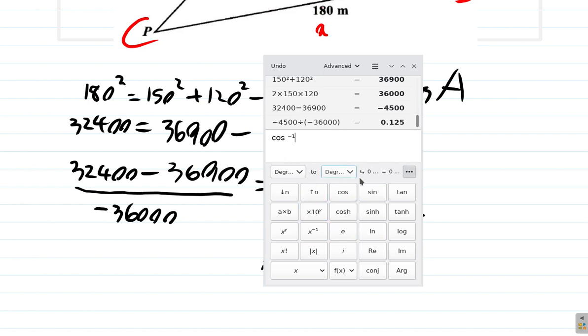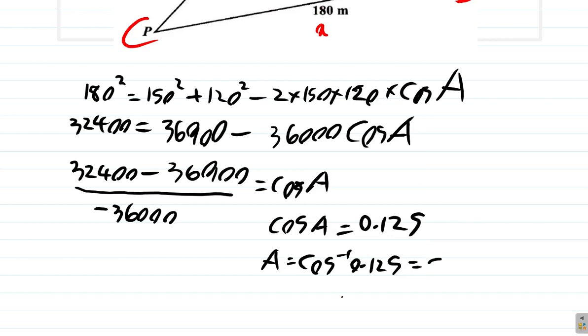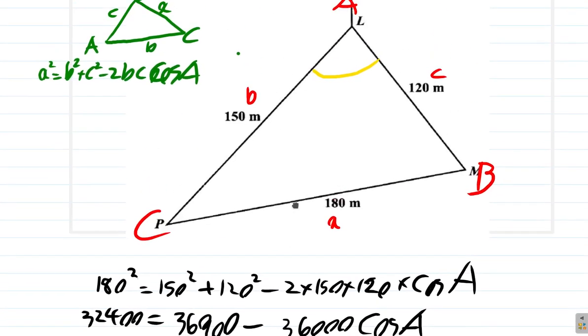Cos inverse of 0.125 equals 82 point, call it 8. So it's 82.8 degrees, kind of close to 83.